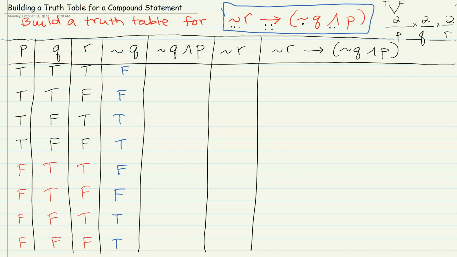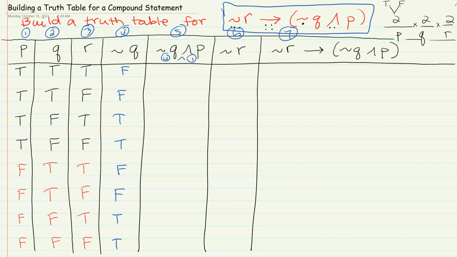And then for this column here, I'm going to go ahead and label my columns so I can reference them: 1, 2, 3, 4, 5, 6, and then 7. Column number 5 is not Q and P. That would be column 4, and column P would be 1.